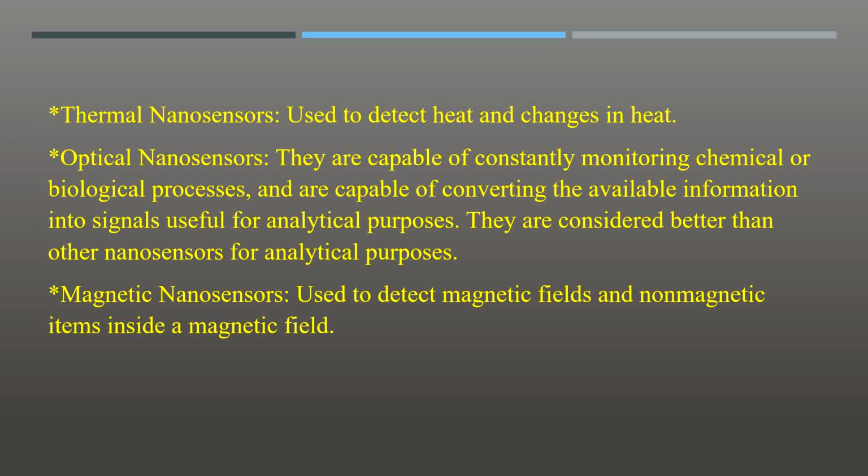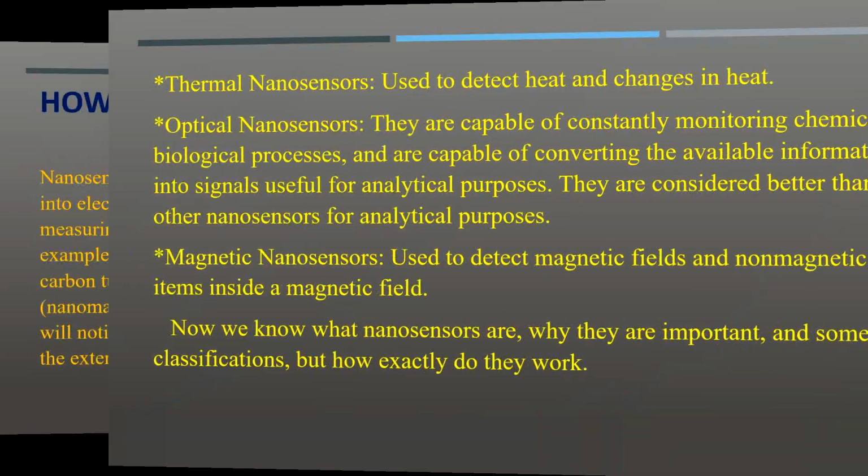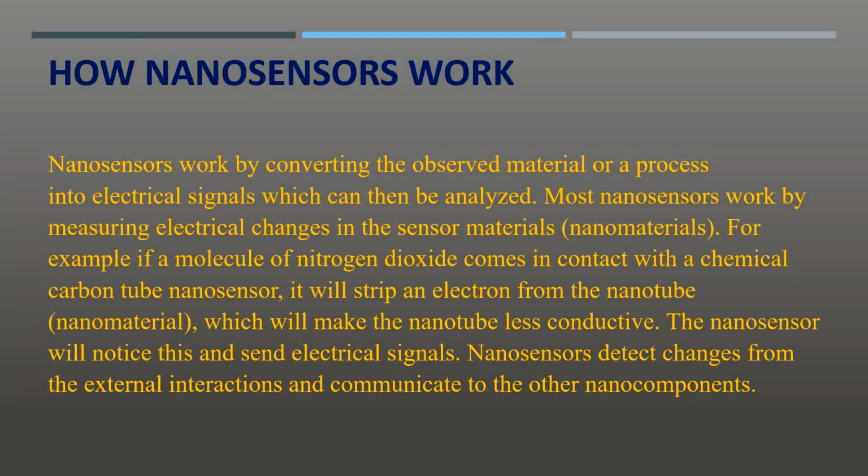Now, we know what they are, why they are important, and some classifications, but how exactly do they work? Nanosensors work by converting the observed material or process into electrical signals which can then be analyzed. Most nanosensors work by measuring electrical changes in the sensor material.